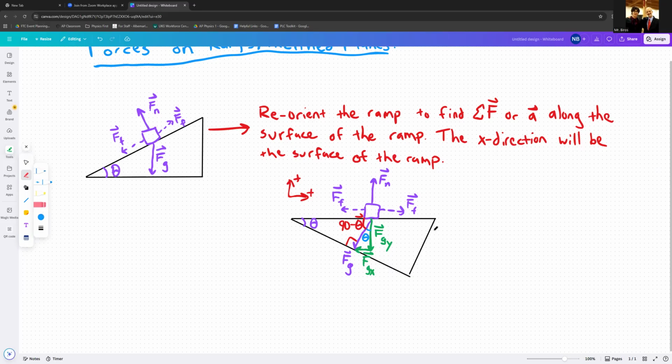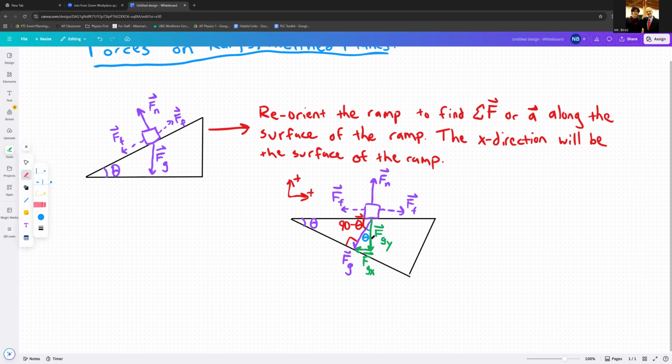There's a lot going on. You don't have to memorize or know the process by which to find the angles that we're using for sine and cosine to find FGY and FGX. I'll show you an end result that you can always use, but I just wanted to show a little bit of how we get there.